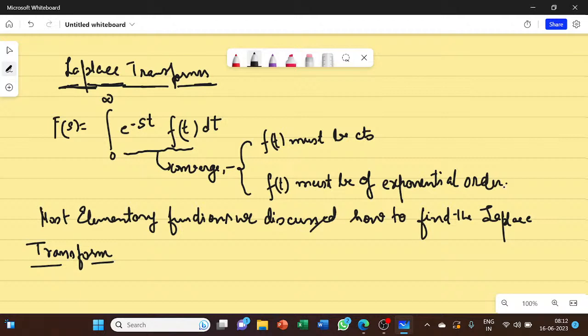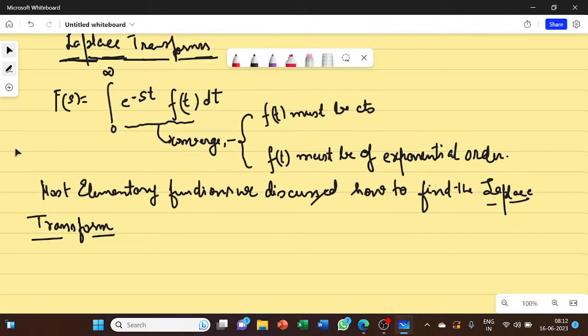For example, for 1, for cos, for sine, for exponential, we've already discussed how to find the Laplace transform. So this is something that we have already done.